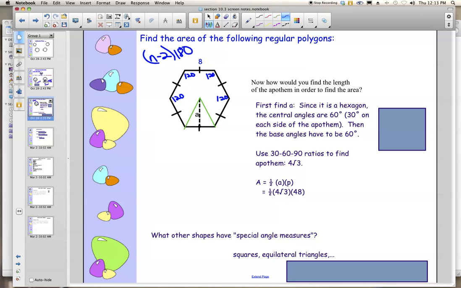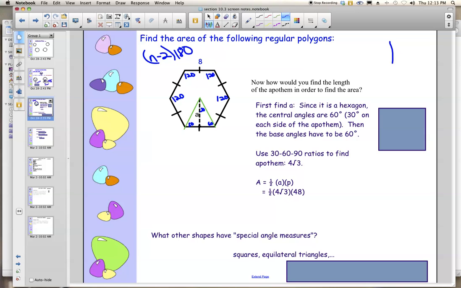So that makes this one a 60-degree angle, which gives this the concept of a special right triangle. It is a 30, 60, 90 triangle. And if we know one side of a 30, 60, 90 triangle, we know all three sides because of our ratios.